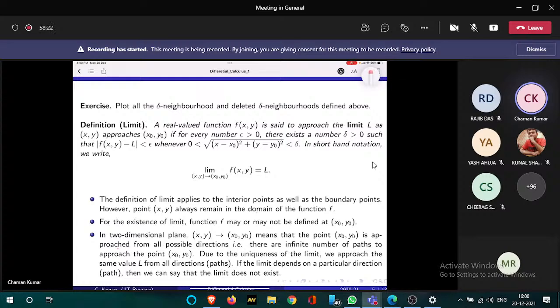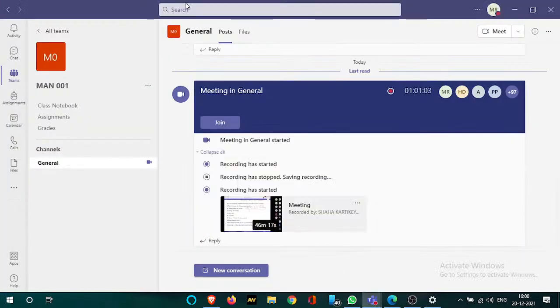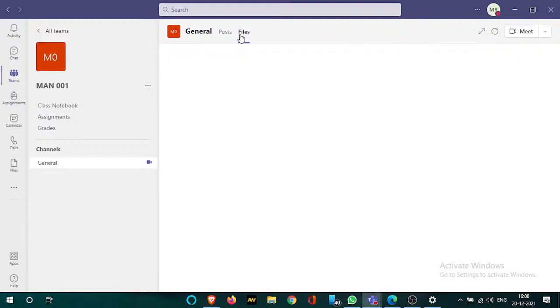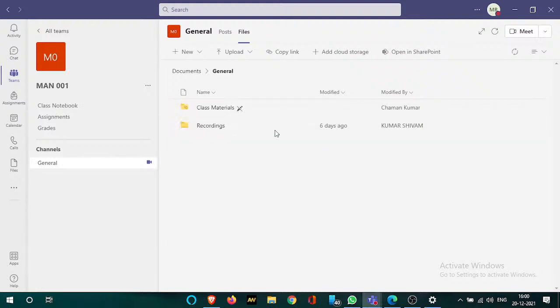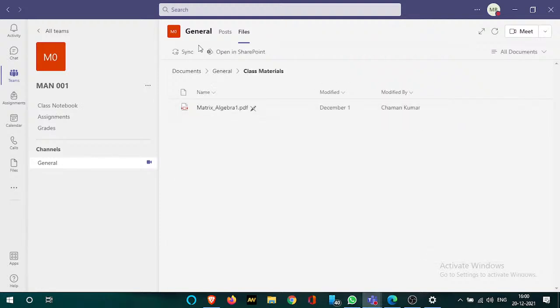Since I have an infinite number of paths to approach the point (x0, y0), for the limit to exist, the value of the function should approach the same constant L. So for existence of the limit, we have to approach the same point from all directions.